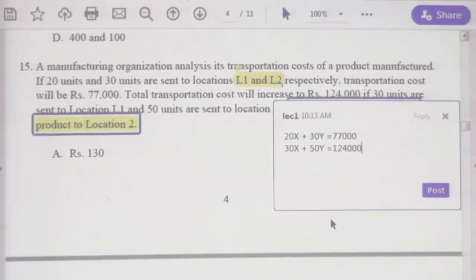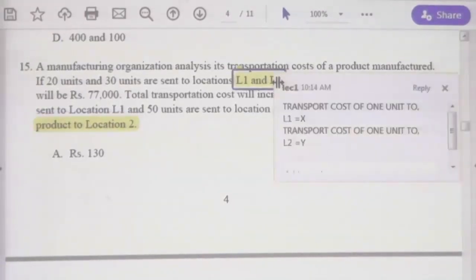Again you can see here there is a simultaneous equation, right. Again you have to solve these two equations. Once you solve these two equations, you can have the answer for x and y. X is the cost per unit to the location L1, y is the cost per unit to the location L2.